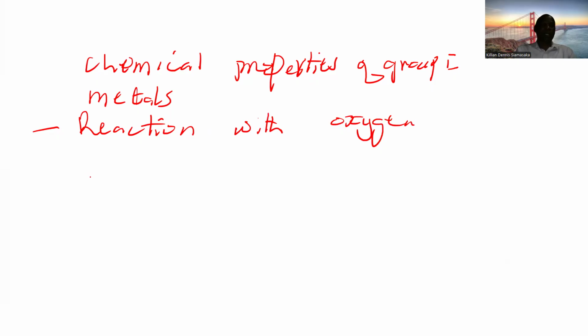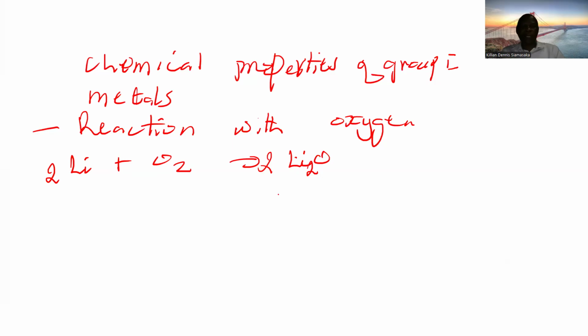So alkali metals, when they react with oxygen, they form oxides. For example, lithium reacting with oxygen, you produce lithium oxide. So this is an oxide.